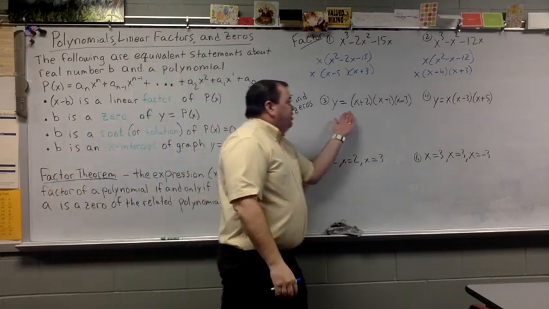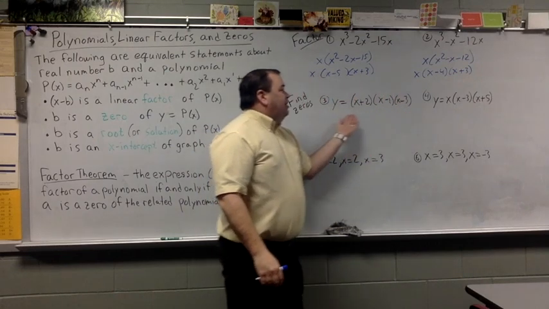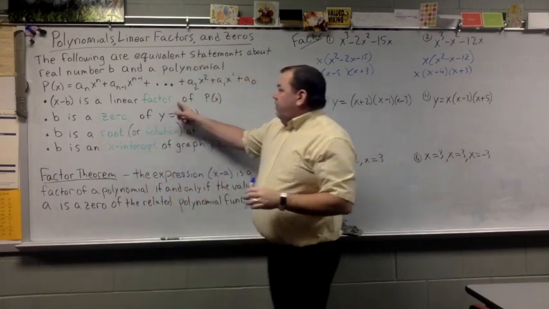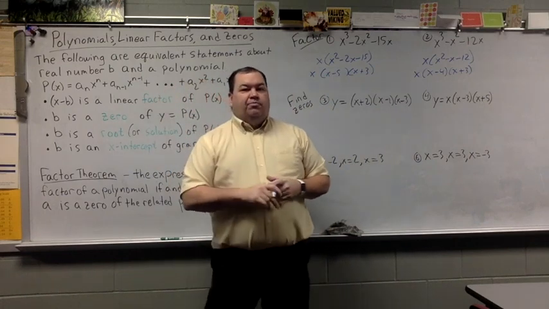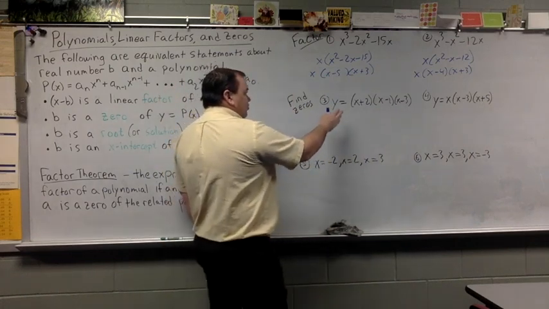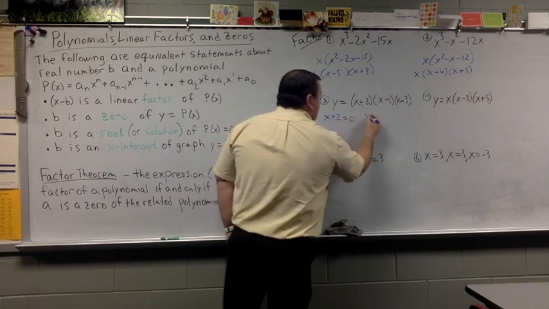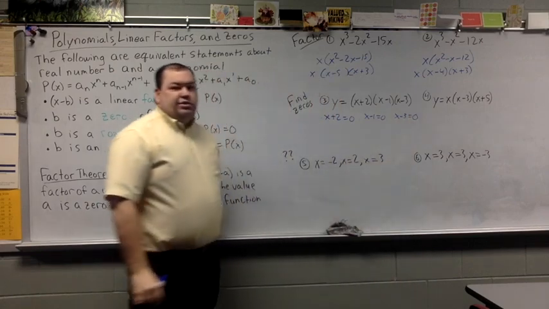Now you'll notice they're already factored, so they're kind of in the same form that these are, but now they want me to find zeros, and you're thinking, well, you said factors and zeros are the same thing. They're equivalent. They're not the same. So I need to take this one more step and set each factor equal to 0.